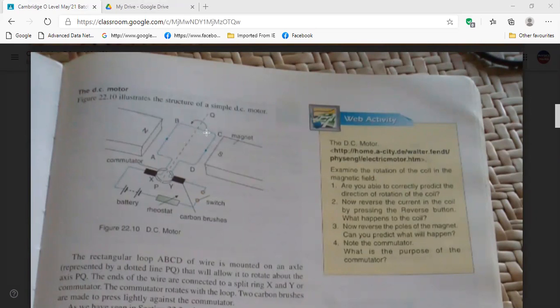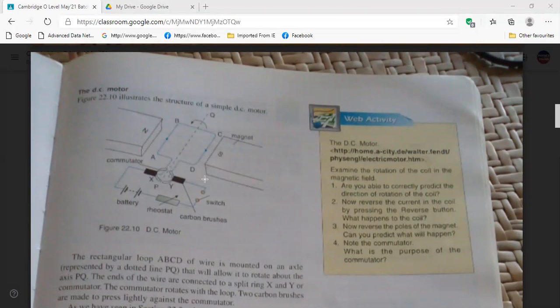one loop of wire. I see it's connected to the commutator. This is called commutator, right? And this is a ring, right? Looking like a ring, but this ring is split, right? So we call this one a split ring commutator.